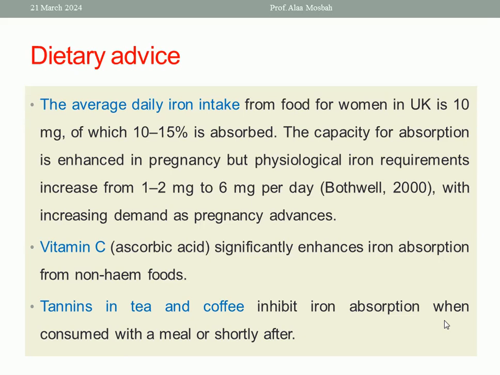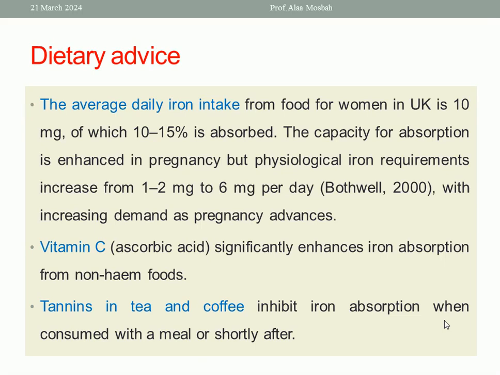The capacity for absorption is enhanced in pregnancy, but the physiological iron requirement increases from 1 to 2 milligram up to 6 milligram per day. So if 1 to 2 milligram is sufficient for non-pregnant women, in pregnant women it increases up to 6 milligram per day, with increasing demand as pregnancy advances.